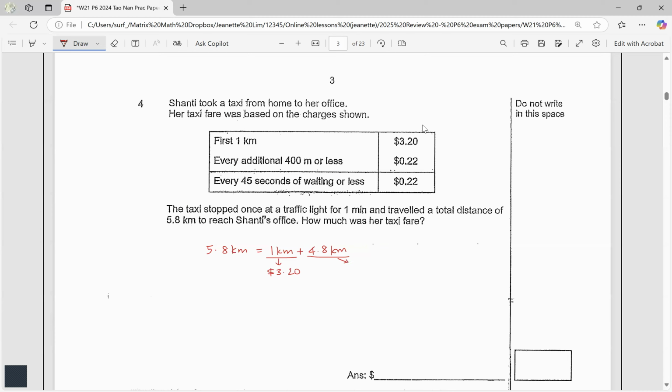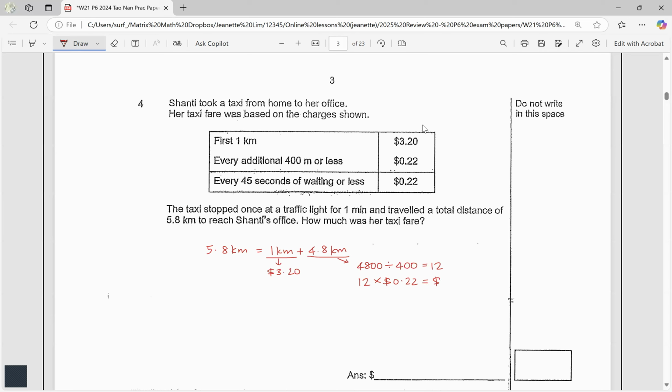Every 400 meters, and 4.8 km is 4,800 meters. Find the number of groups. How many 400 meters are there? There are 12. So 12 times 22 cents.